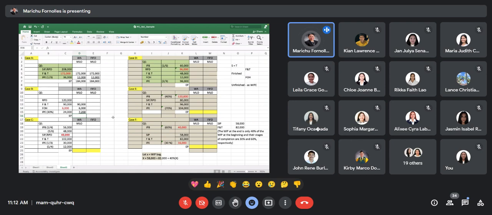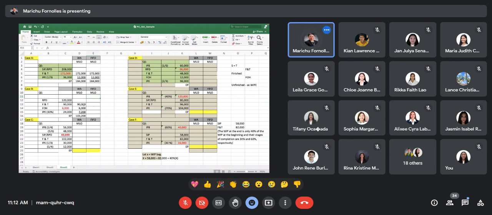7,200. Bring down the total. What is your EP under weighted average? 103,200, miss. Okay, 103,200. We have no IPB.